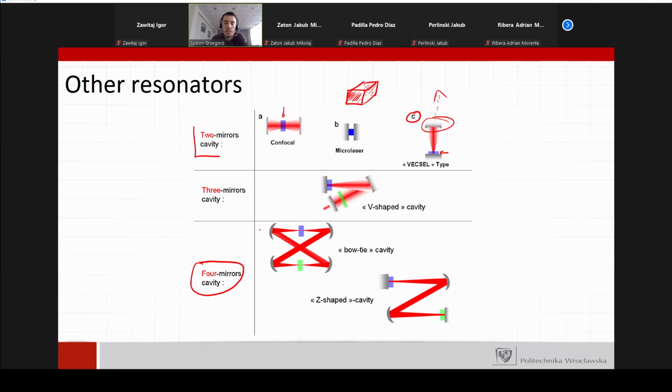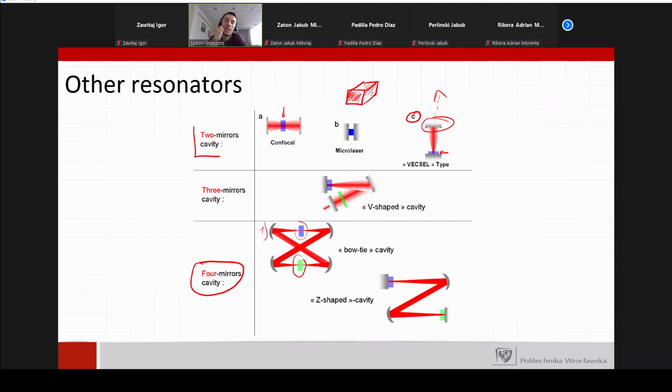This is an example, the first one, where we have the waist here for the gain medium, but we can have another waist, for example, for placing some functional components like some dispersion compensation or non-linear materials for obtaining some particular effects.